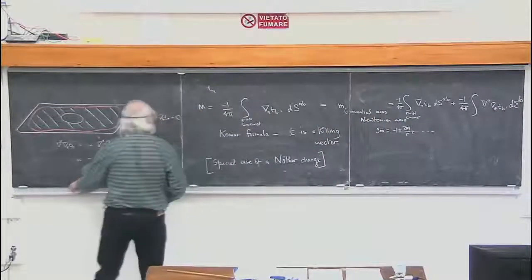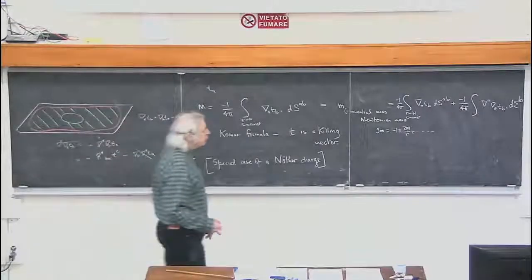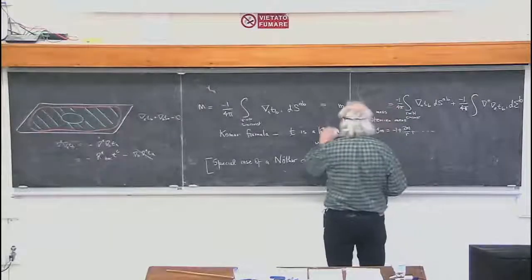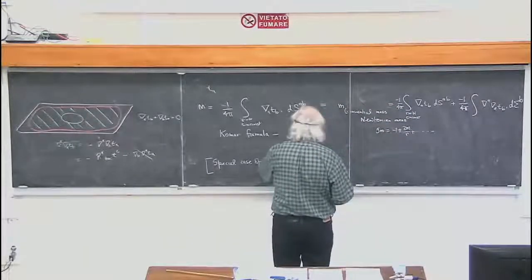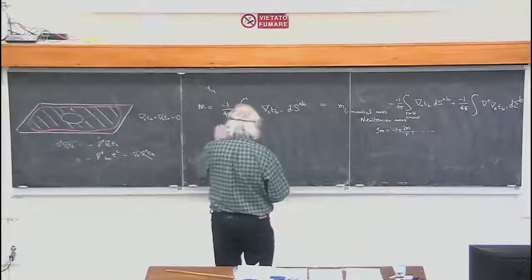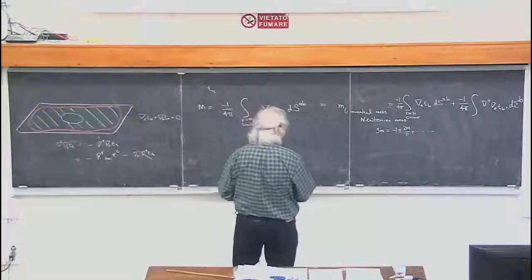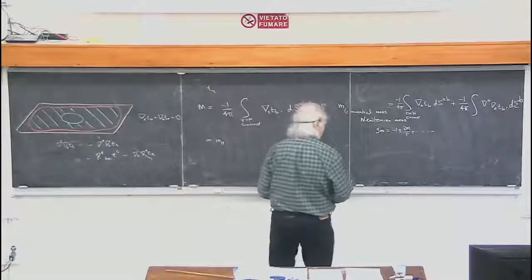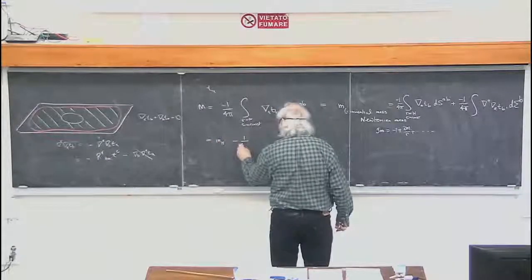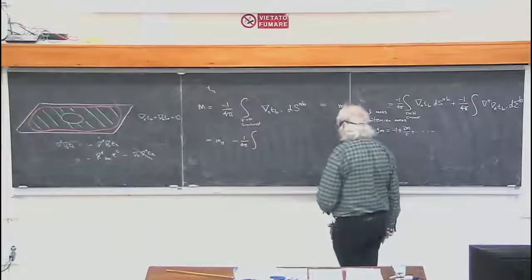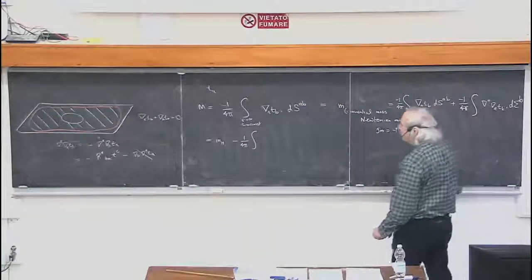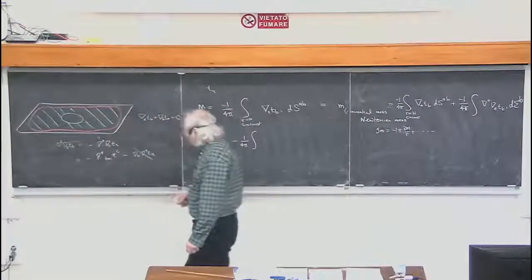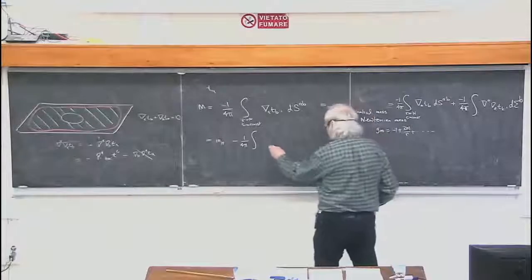So let's substitute that in to this expression here. What are we going to get? We're going to get a slightly different formula now. It's going to be a mass that you find on the horizon minus 1 over 4 pi times integral of box T, which is the same thing as minus the Riemann tensor contracted on its first and third index, which is the same as the Ricci tensor.